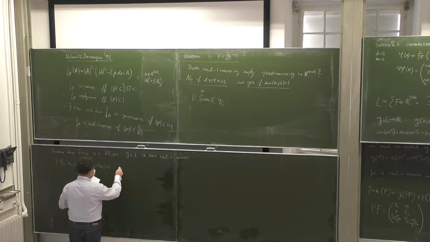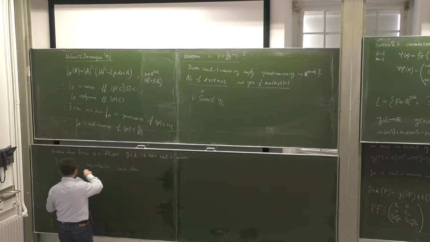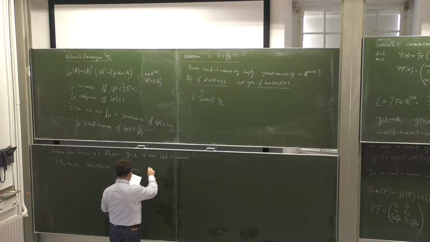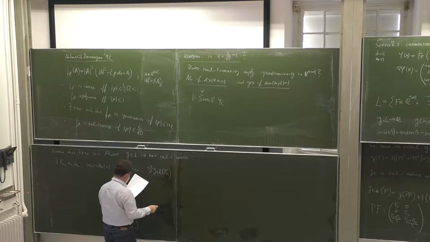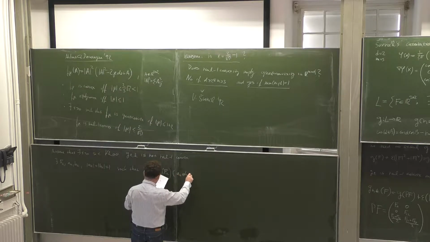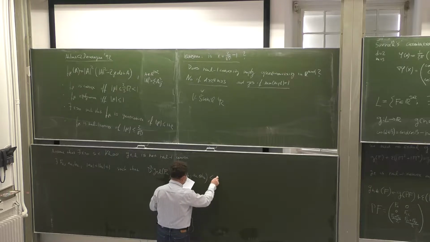So for every k, I take these guys such that the second differential of G epsilon and k at the point fk, in the directions ak tensor bk, ak tensor bk, is smaller than 0.